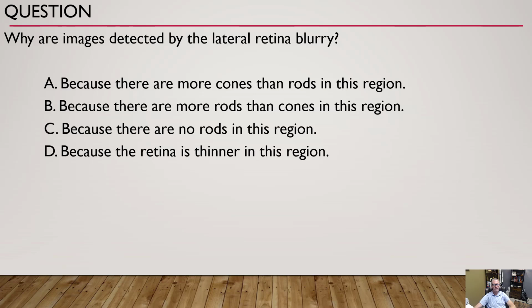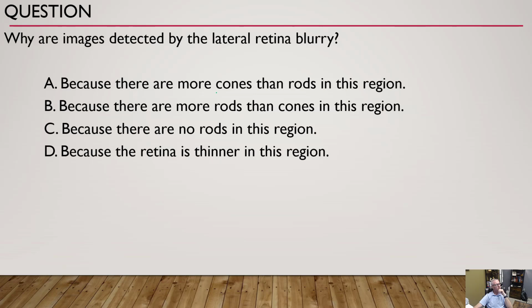So, why are images in your peripheral vision, or that lateral retina, blurry? A, because there are more cones than rods; B, there are more rods than cones; C, there are no rods; or D, because your retina is thinner.